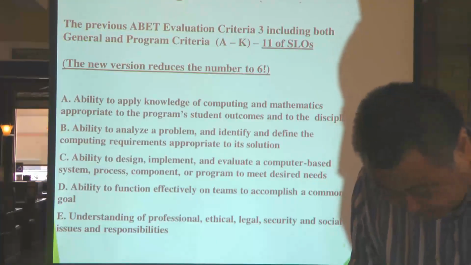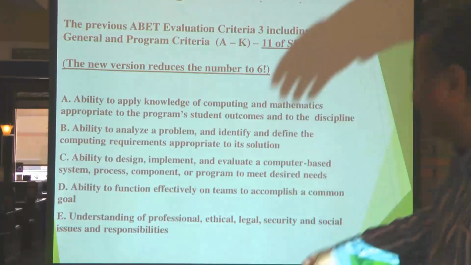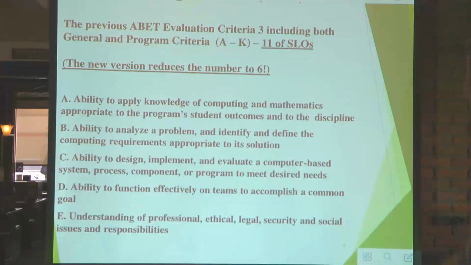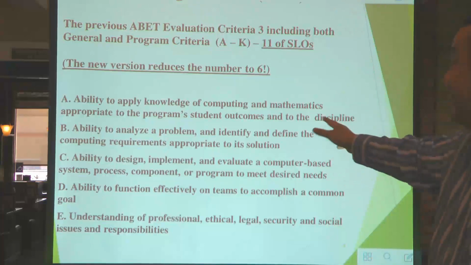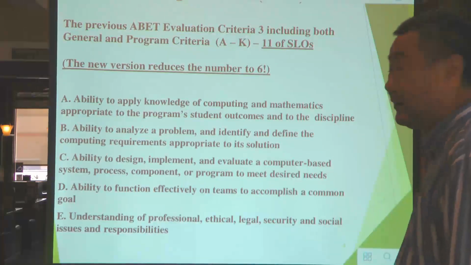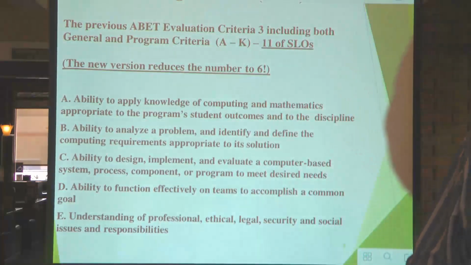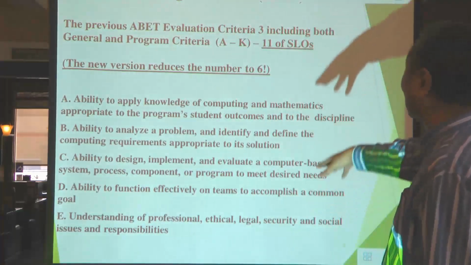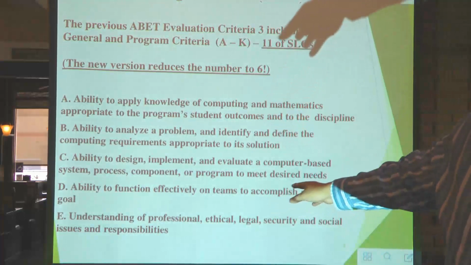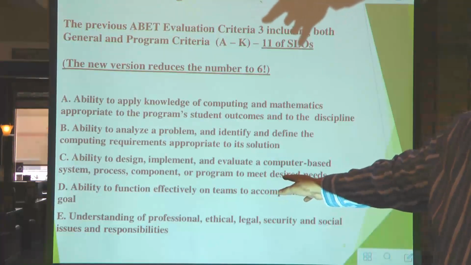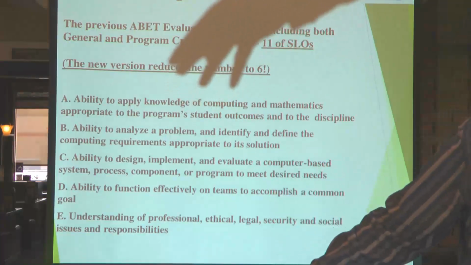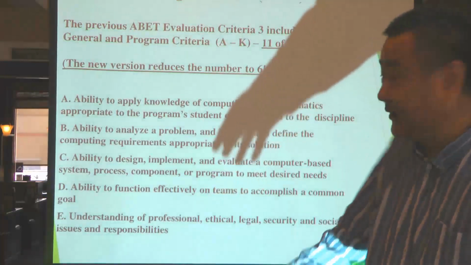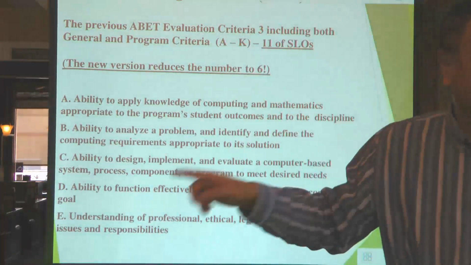Then we have 11 student learning objectives, and for these we come up with 35 performance indicators. Those are the old 11 student learning objectives. As I mentioned before, the new version has only 6. We go from A to K.